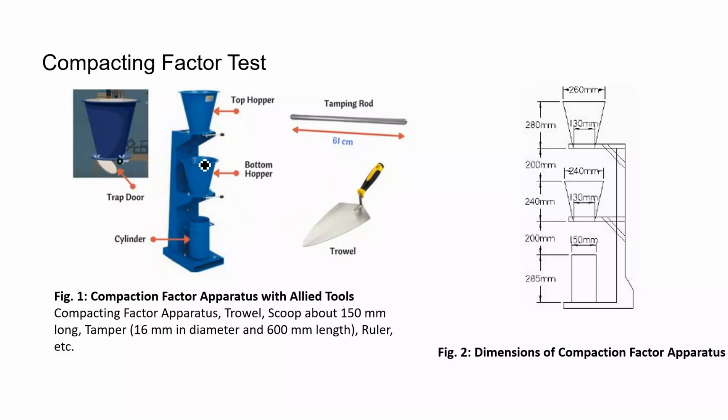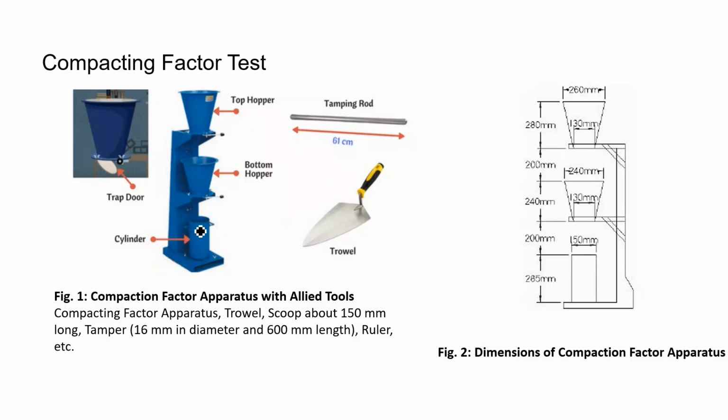Now, after filling the bottom hopper, the trap below the bottom hopper is removed, and all the concrete is filled in this cylinder, and the excess concrete can be removed by this trowel, and the top of the cylinder is planed. Now, the weight of the cylinder is measured. So, this will be the weight of the partially compacted concrete.